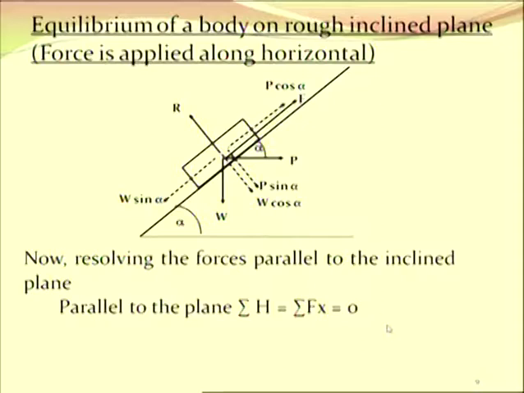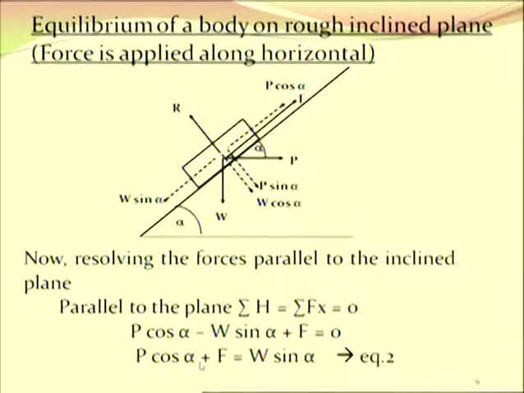Sigma Fx is equal to 0. P cos alpha, which is positive, minus W sin alpha, which is negative, and plus F, which is positive, equals 0. So we have P cos alpha plus F equals W sin alpha. That becomes our equation number 2.